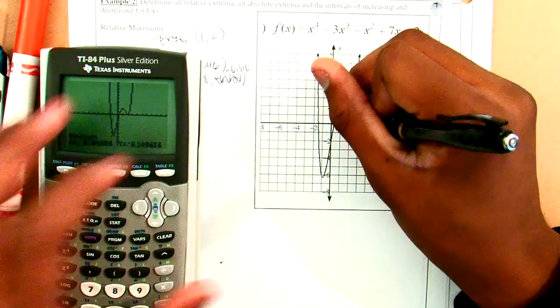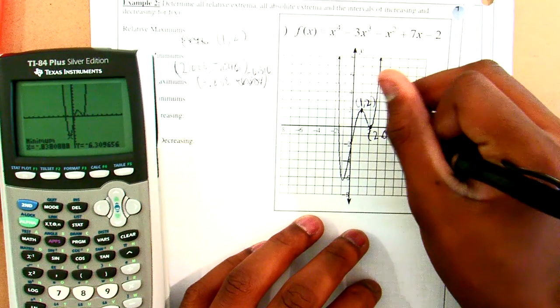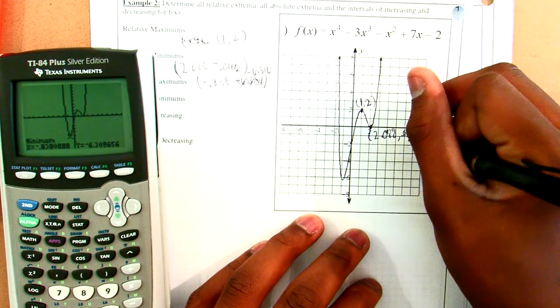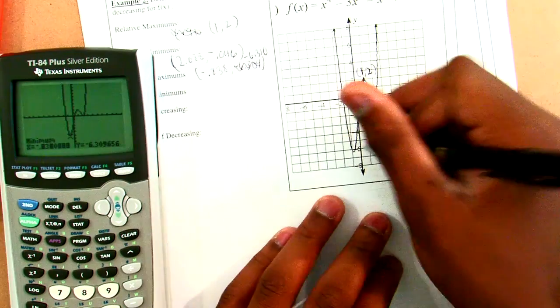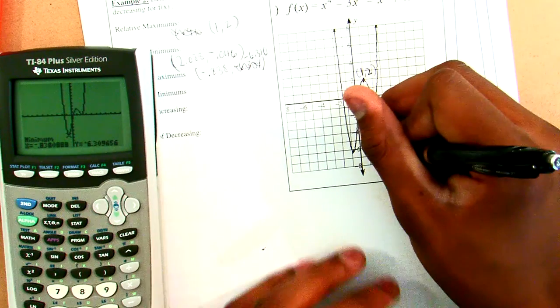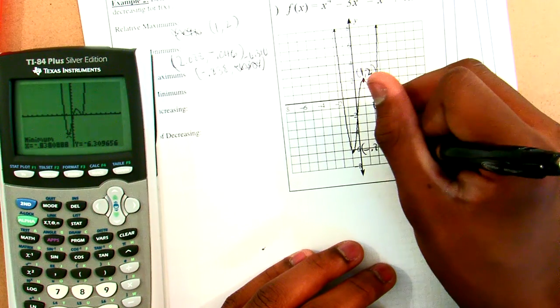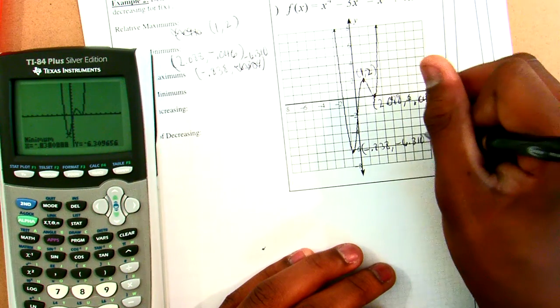This point is 2.088, comma, negative 0.046, and this lowest point right here is negative 0.838, comma, negative 6.310.